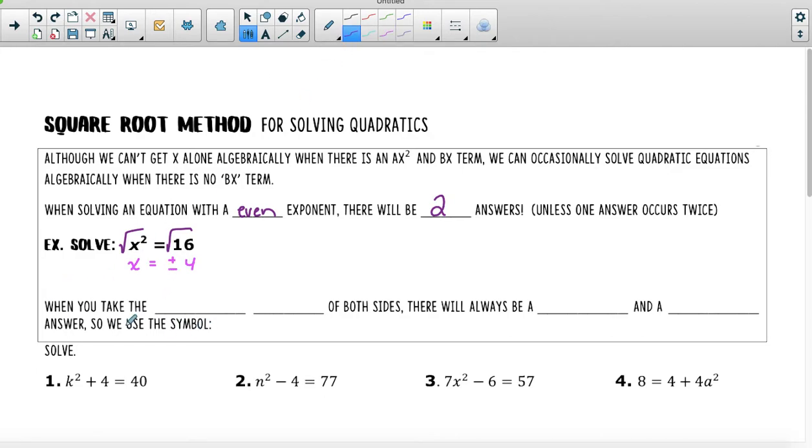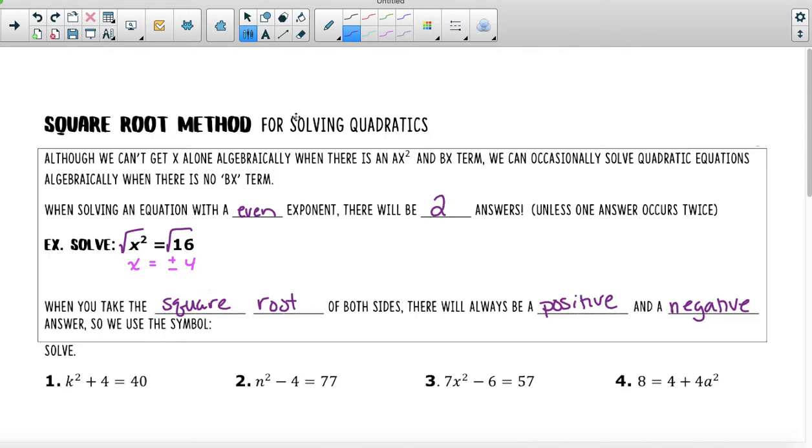So the key takeaway is when you take the square root or an even root of both sides, so that's the important part, of both sides, there will always be a positive and a negative answer. So we have both, a positive and a negative answer.